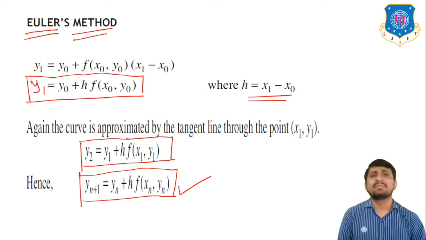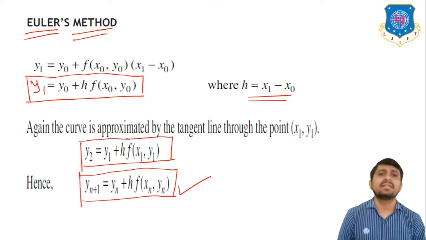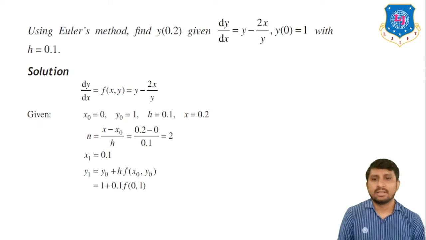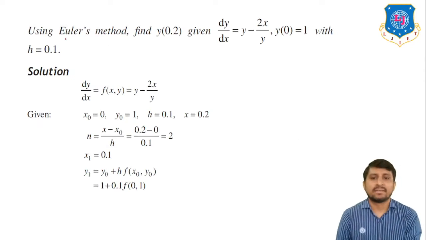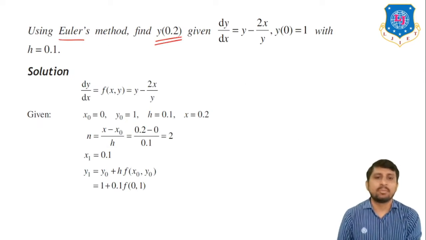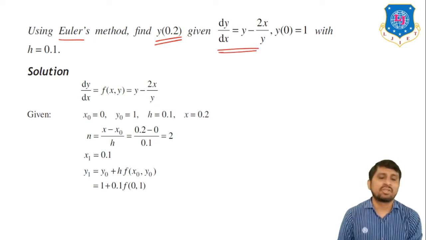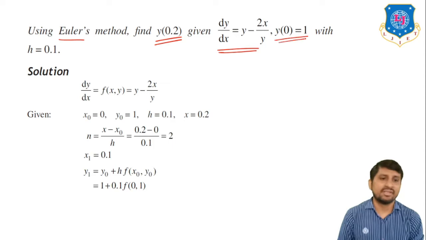Sometimes people call it the Euler method. Using Euler method, find y of 0.2, a first order differential equation dy by dx equal to y minus 2x upon y, with initial value problem y of 0 equal to 1.